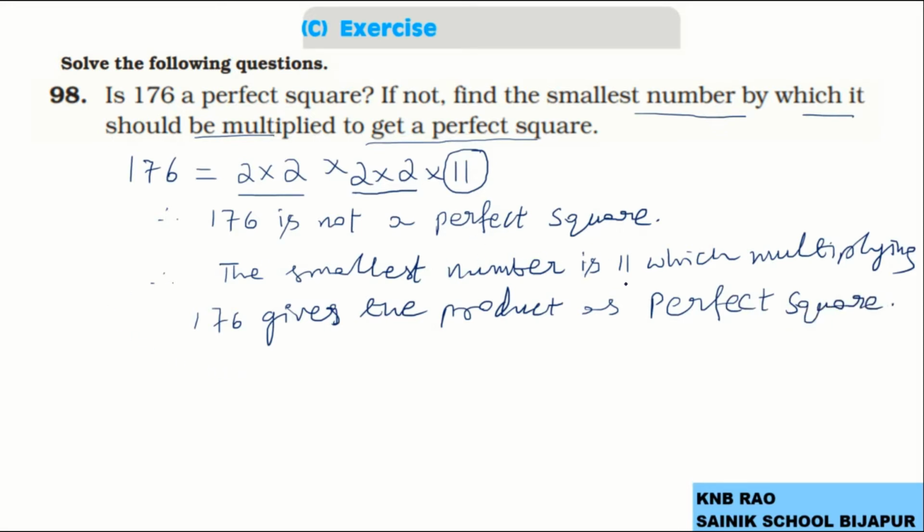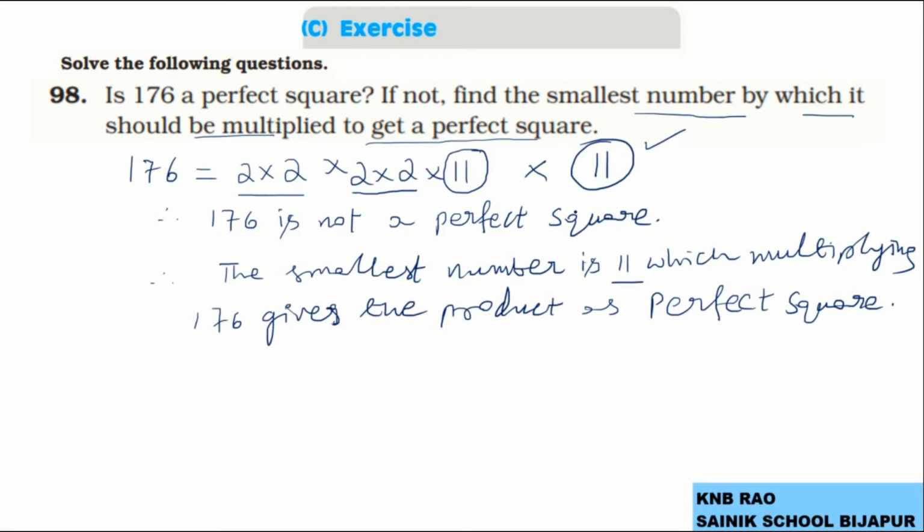So why did I say 11? It is because 11 doesn't have its pair. So if I multiply this by 11, then that 11 also will get into pairs. So there is a reason. So we have written 11 as the smallest number by which this 176 is to be multiplied, so that the product is a perfect square.